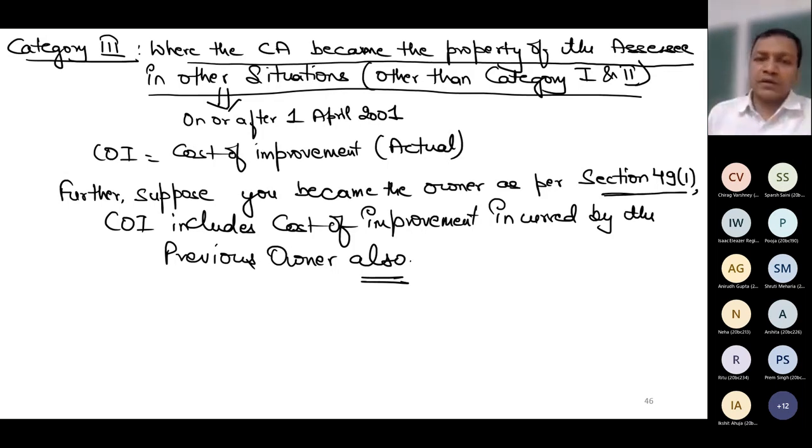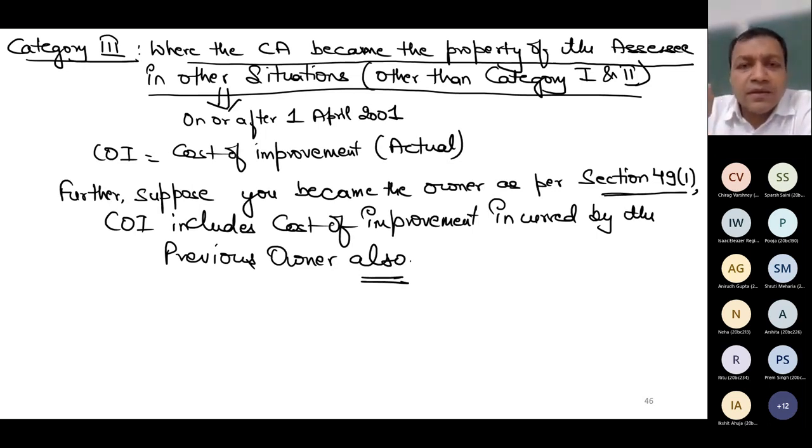3 categories of improvement. First was very easy: in brand name, right to carry on business, right to manufacture or process any article, and goodwill of a business. Cost of improvement by default nil. Whenever capital asset became the property of the assessee before 1st April 2001, then you ignore all the improvements incurred before 1st April 2001. That's it.